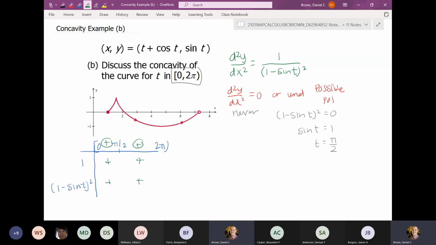So on this interval, in fact, for this entire graph, this second derivative is always positive. So we know that this graph is concave up on the interval from 0 to pi over 2, and then pi over 2 to 2 pi. How do I know? Because the second derivative is greater than 0.